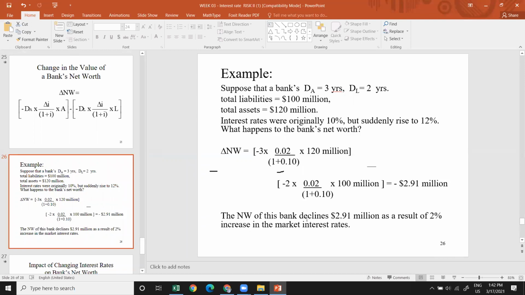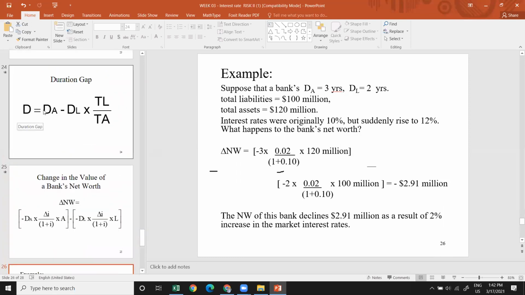So the net worth of this bank declines by 2.91 million as a result of a 2% increase in the market interest rate. But before calculating the exact number by how much it's going to change, you can calculate the direction using the duration gap, like duration of assets, 3 years minus 2 years, times 100 divided by 120.